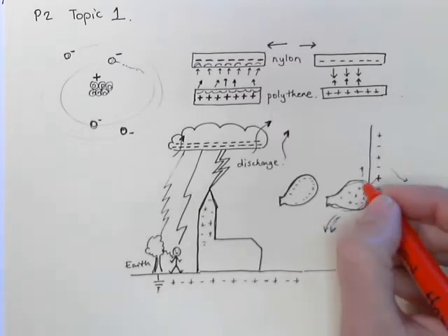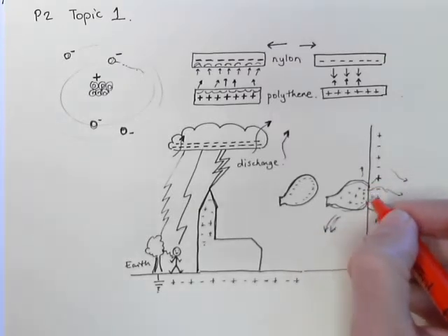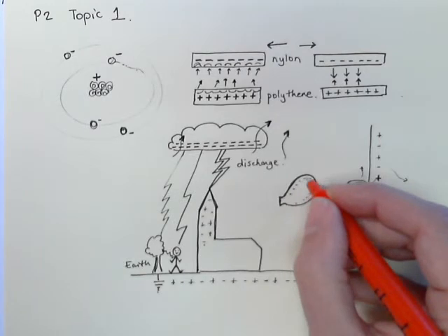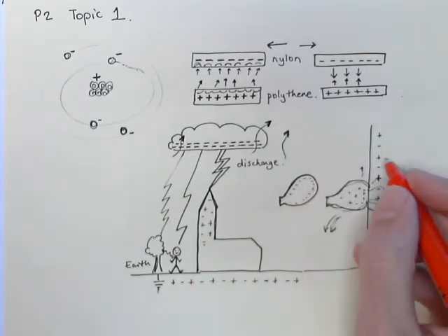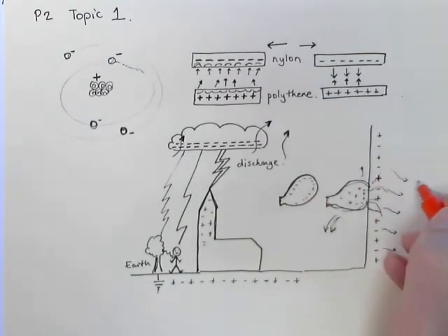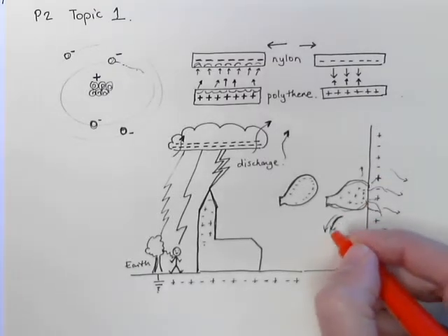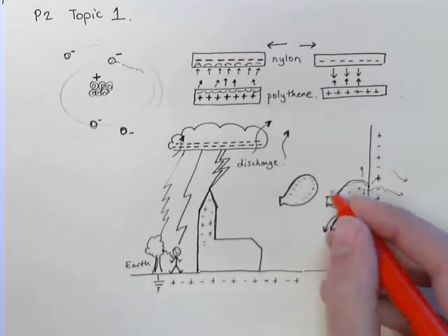So we can have an attractive force between unlike charges. When we charge an object up, it can then repel the like charges in it, and be attracted to the unlike charges if there's an imbalance of charge. So electrostatics can cause things to stick to each other.